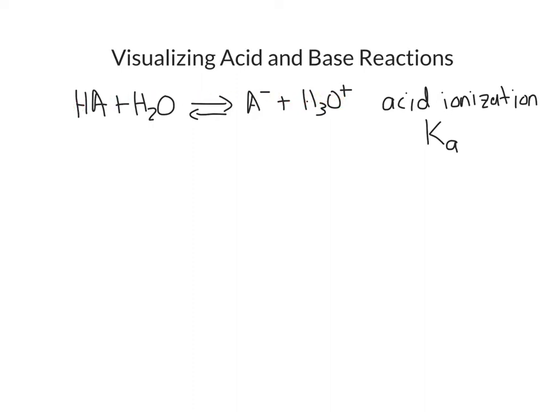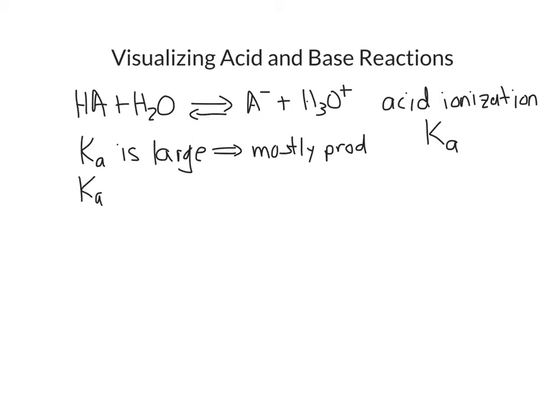And so if we have a Ka that is large, then the reaction tends to make mostly products at equilibrium, and we mostly have the ionized acid, the A minus, and H3O plus in solution. However, if Ka is small, then we have mostly reactants at equilibrium.